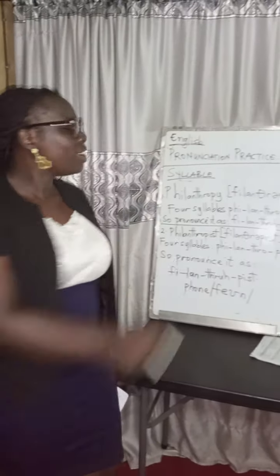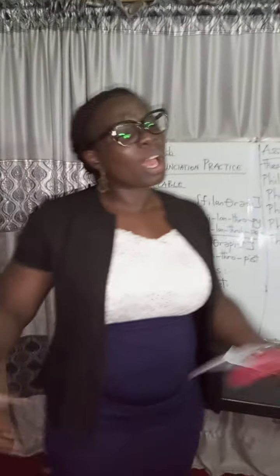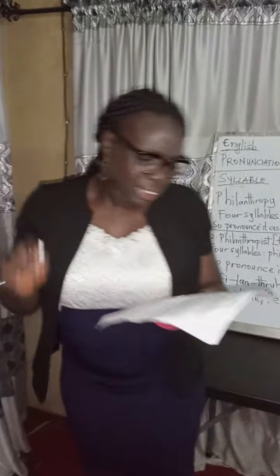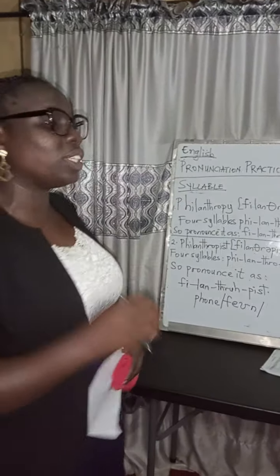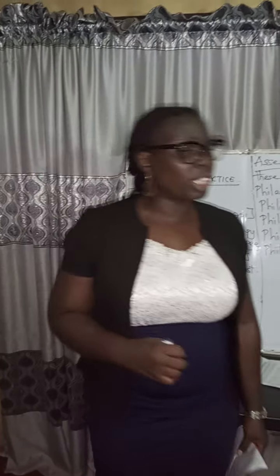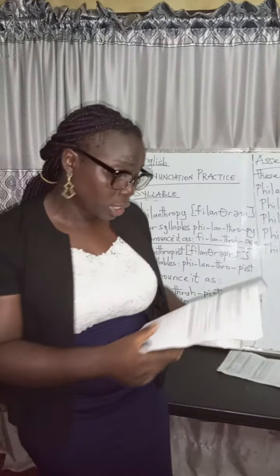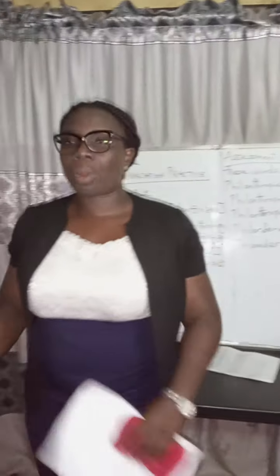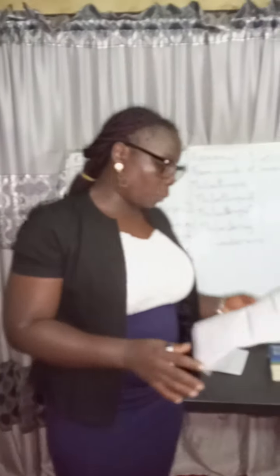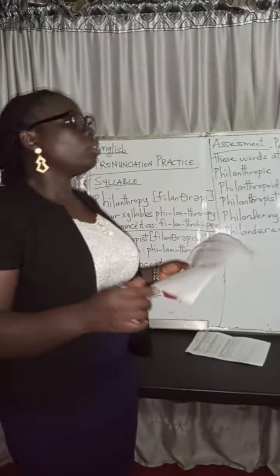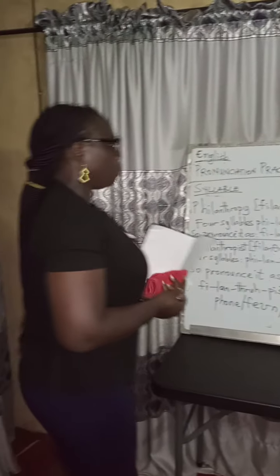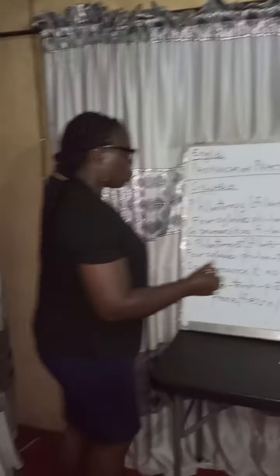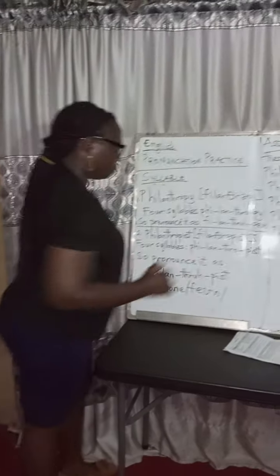What did I say? Syllable. Very good. Now, what is syllable? Syllable is a unit of pronunciation having one vowel sound, with or without surrounding consonants. For example, look at this word, philanthropy.